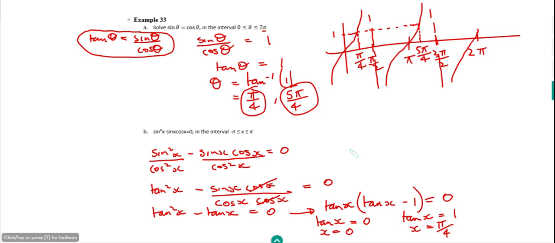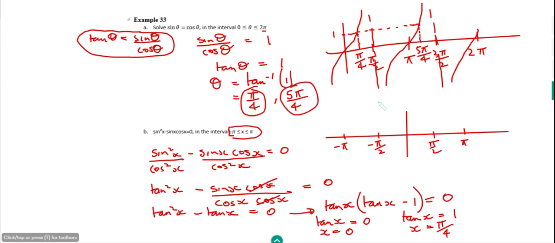So again, we need to draw the graph. I'm going to do it again because this time we've got a slightly different range. We're going between minus pi and plus pi. So our axes are going to look something like this. And we've got pi by 2, pi, minus pi by 2, and minus pi.